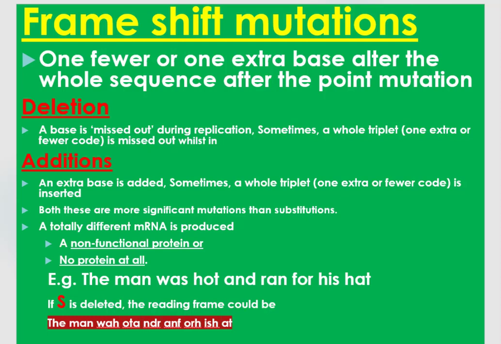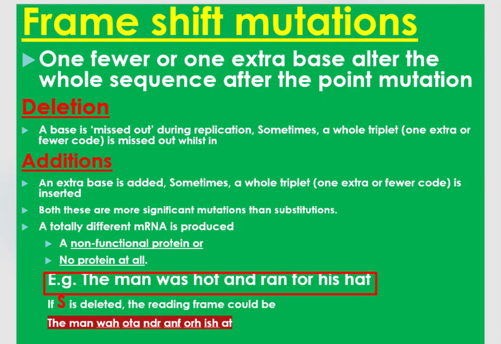Example, let us see a sentence that can show us frameshift mutation with a reading frame of 3 letters like triplet codes of a gene. It becomes: the man was hot and ran for his hat. As we can see, each word of a sentence contains 3 letters.